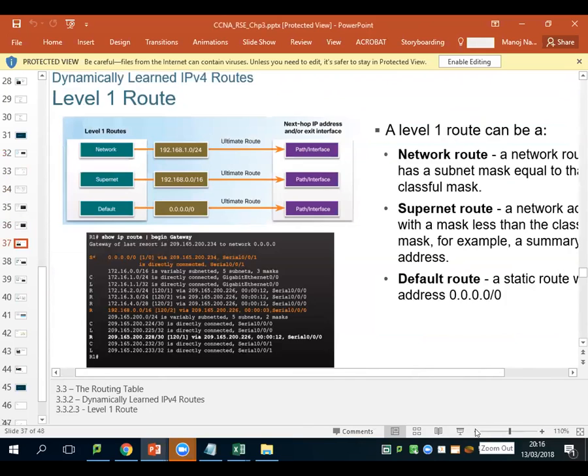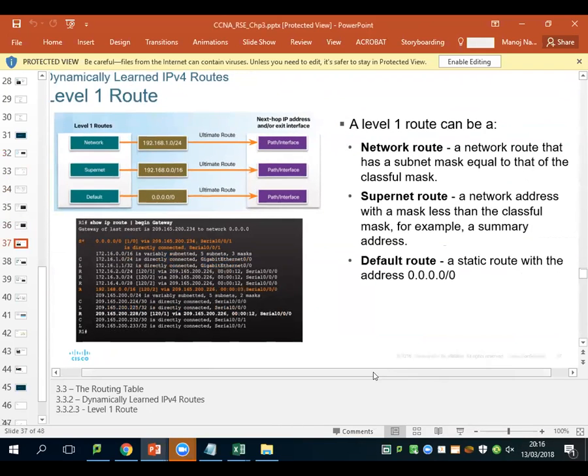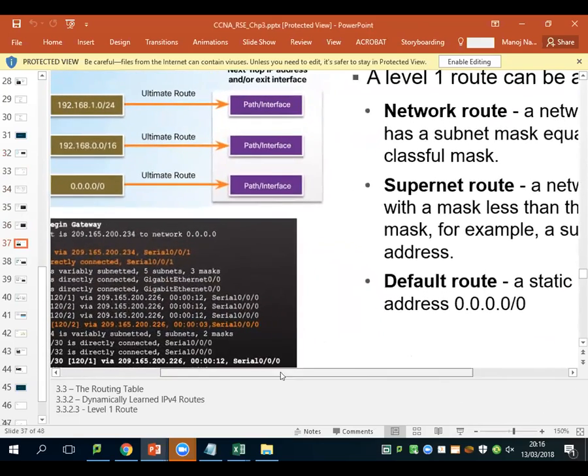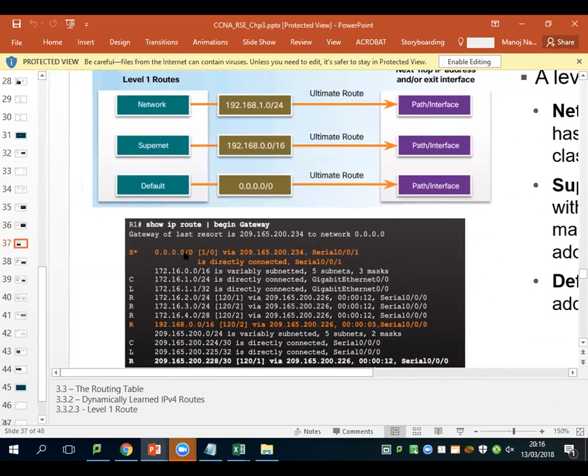Level 1 route, and then we're going to parent and child. Level 1 routes can be some of the following things: network, supernet, or default. So this one here is a level 1 route because it's a default. See quad zeros, the default route, the one that you fall back on.